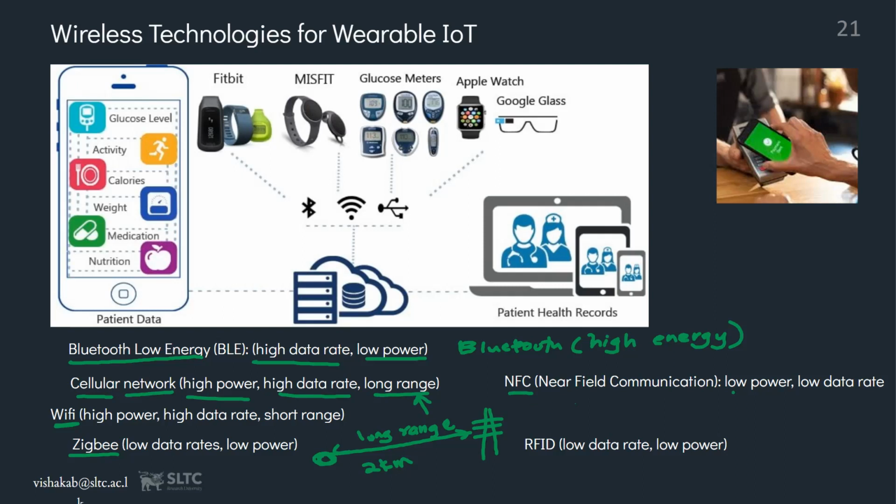We also have a technology called near field communication. Near field communication is also a communication that uses wireless technologies, and it uses low power and has a low data rate. This is used mainly in contactless payments, and it is widely used for doing payments and secure information transactions, secure data transactions.